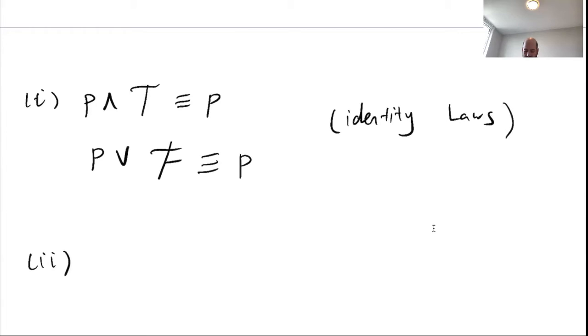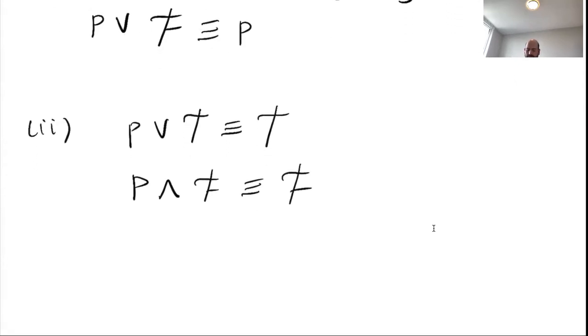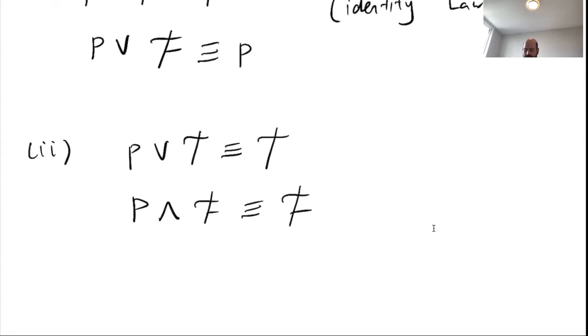Or for example, P disjunction tautology is logically equivalent with tautology. P conjunction contradiction is logically equivalent with contradiction. These are called the domination laws.